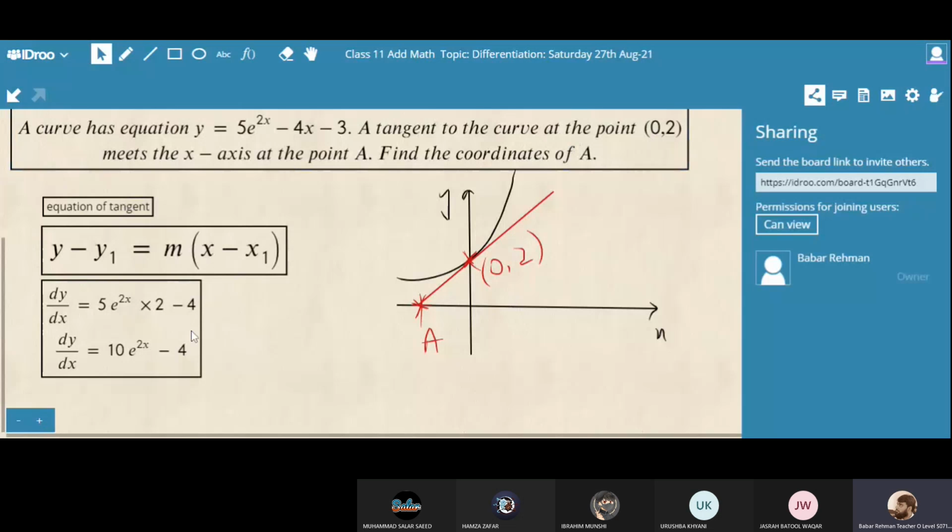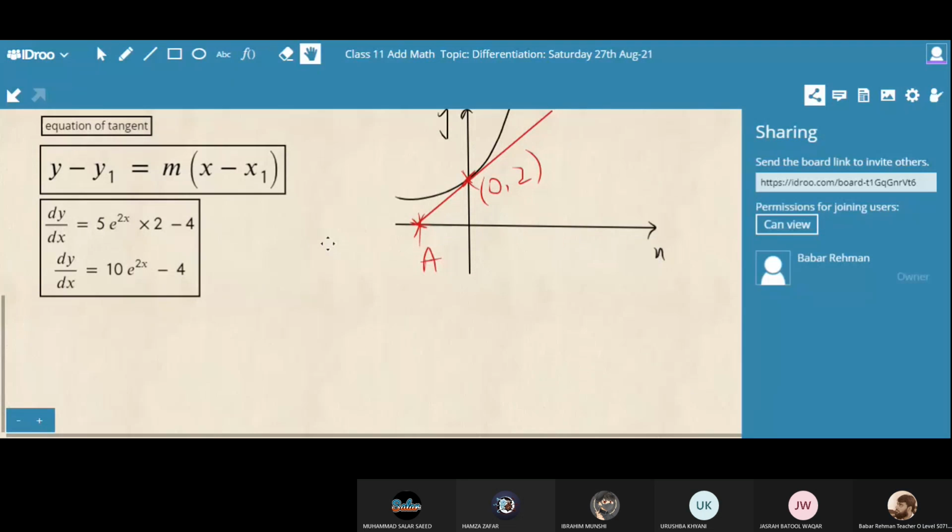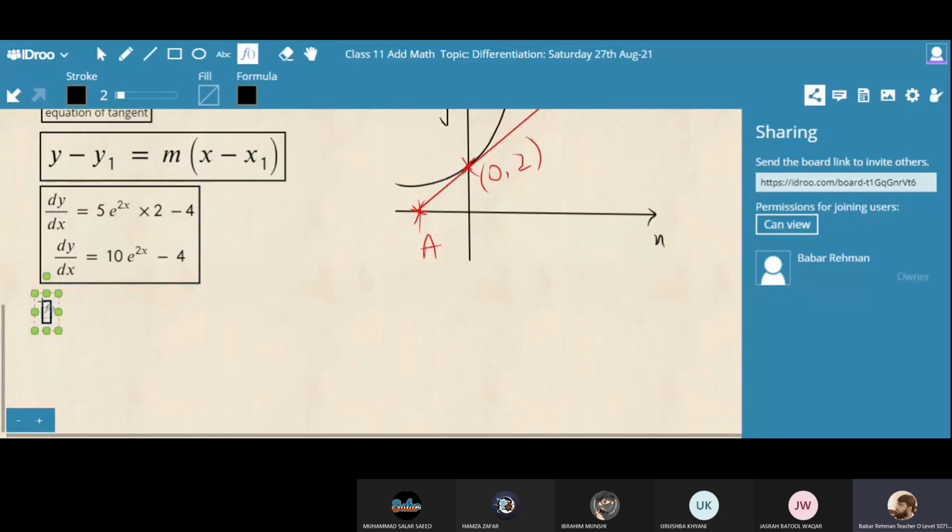So if I want to find the derivative properly, what is the value of x? 0. In this function I will substitute the value of x. Now I can write x is equal to 0. So dy by dx is equal to 10 e power 2 times 0, and then negative 4.